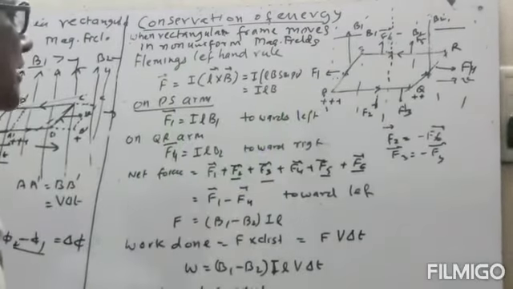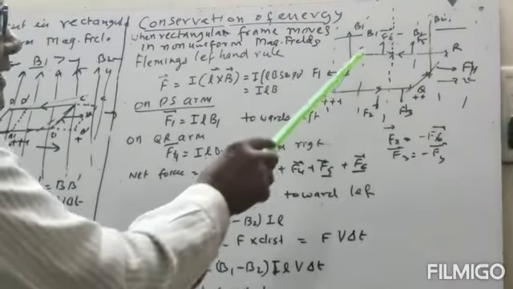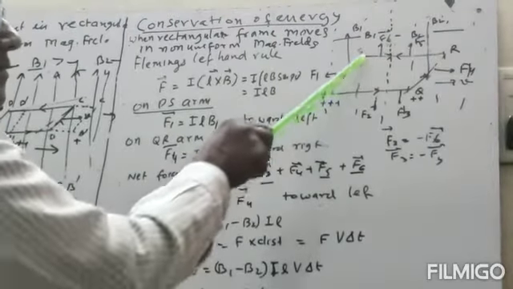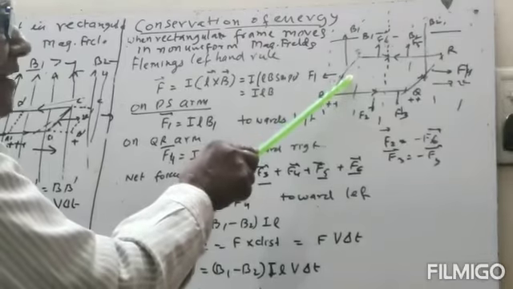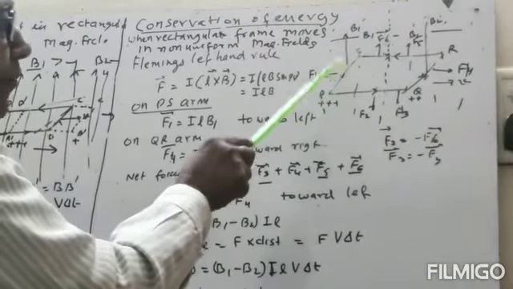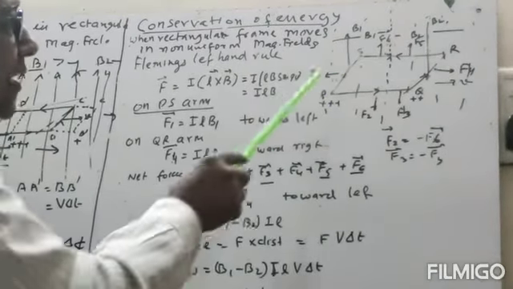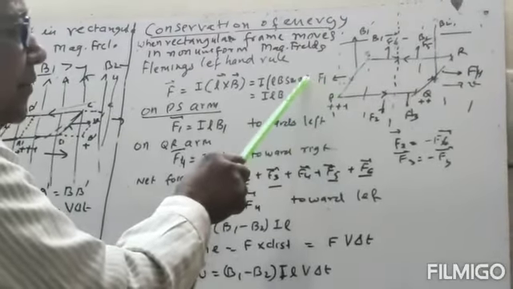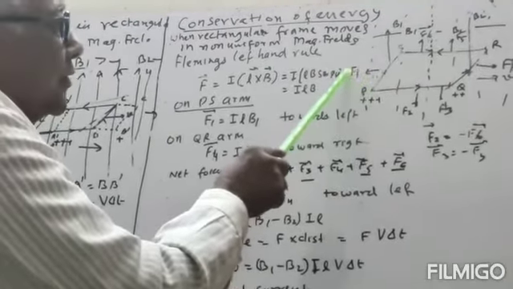Now we consider the different parts. Suppose we consider the part PS. Now current is flowing in this direction, so from Fleming's left hand rule, the force will be in this direction, towards the left.